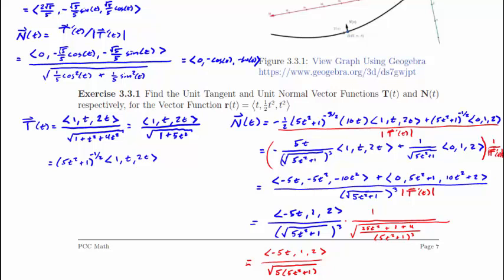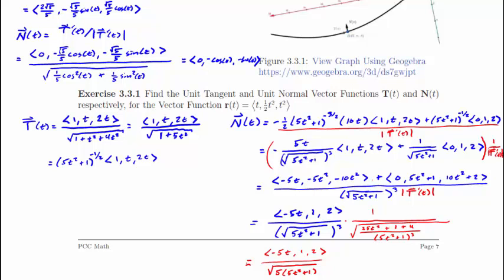So I multiply that across here to get this vector. Let me just read this out. This equals now the vector -5t comma -5t squared comma -t squared, -10t squared, end vector, plus new vector 0 comma 5t squared plus 1 comma 10t squared plus 2 end vector, all over the square root of 5t squared plus 1 all cubed times the magnitude of the unit tangent vector prime.